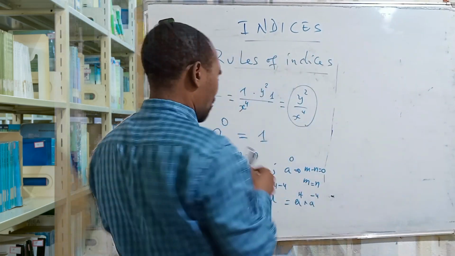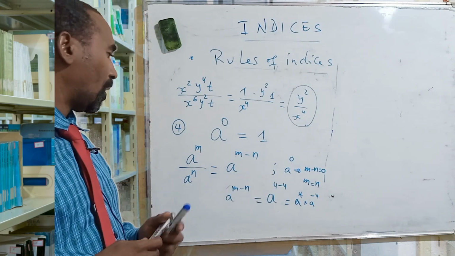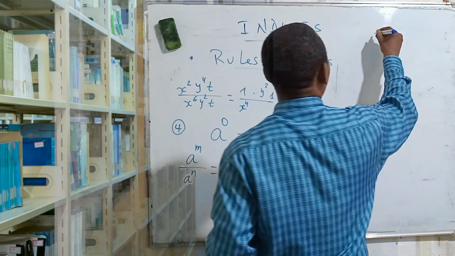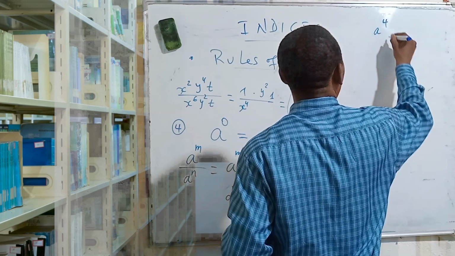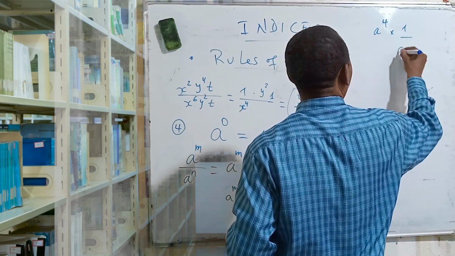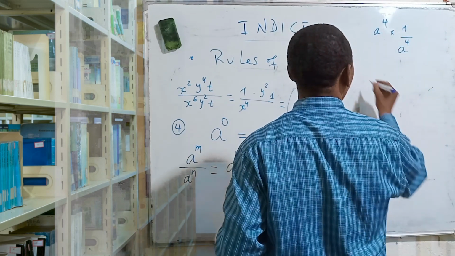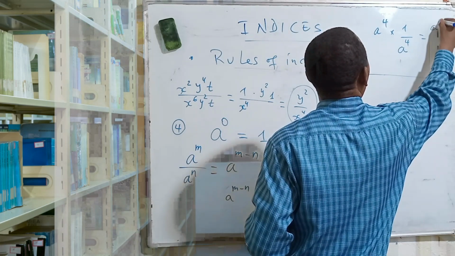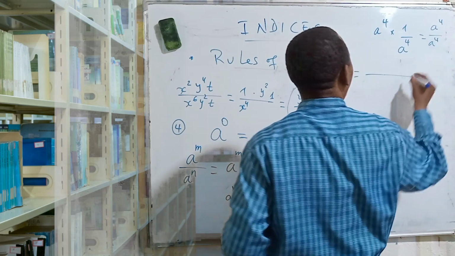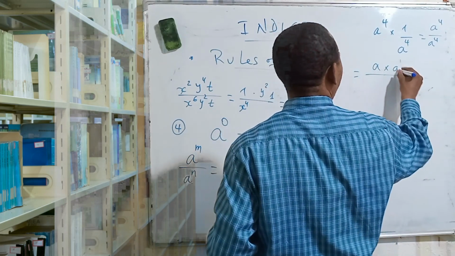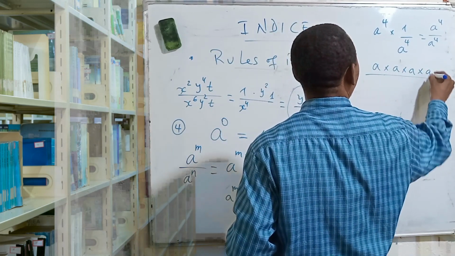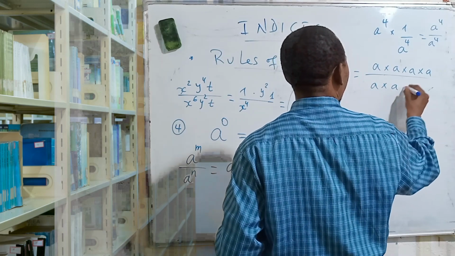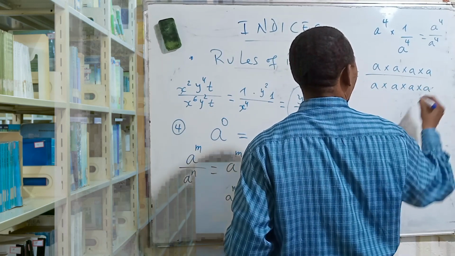By changing it into positive power, you see, I will get a power 4 times 1 over a power 4, which gives a power 4 over a power 4. This is a times a times a times a, 4 times, over a times a times a times a, 4 times.